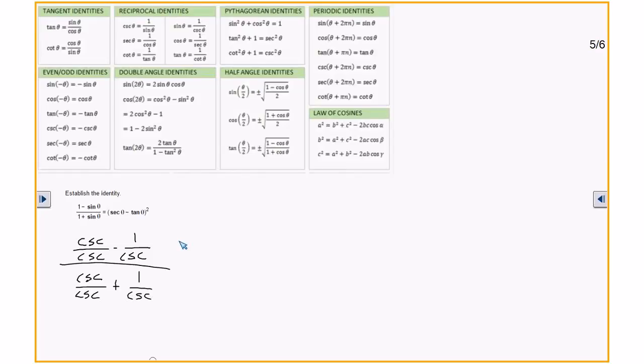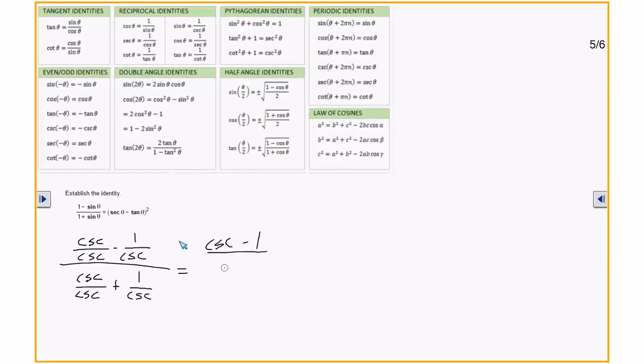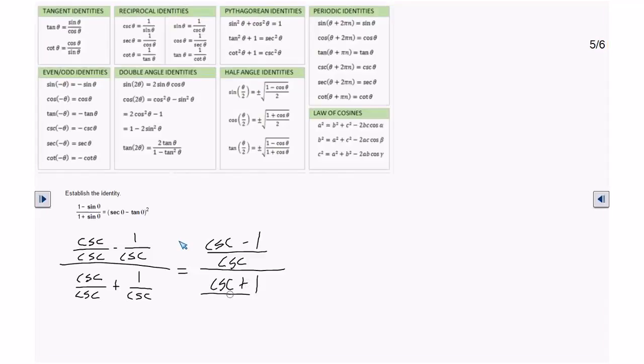That's not really going to help. That'll give us cosecant minus 1 over cosecant, over cosecant plus 1 over cosecant.